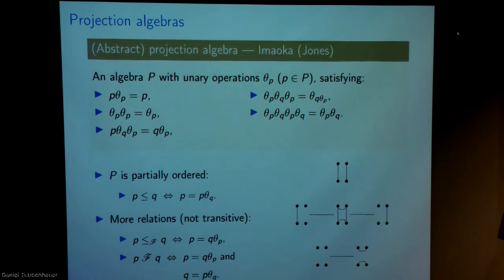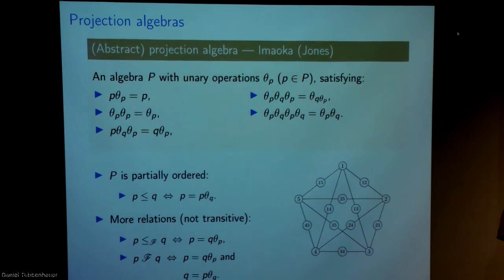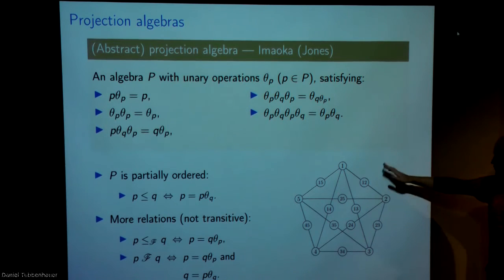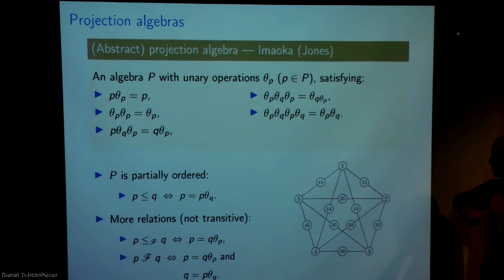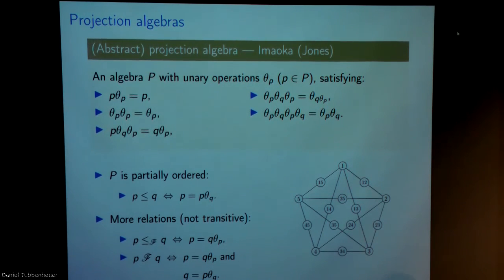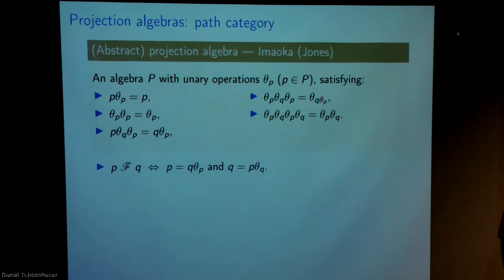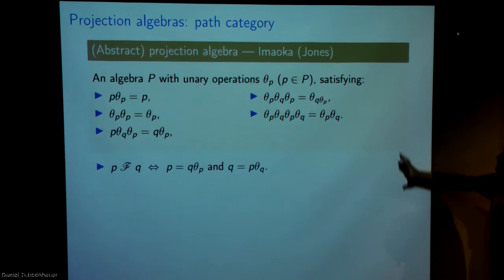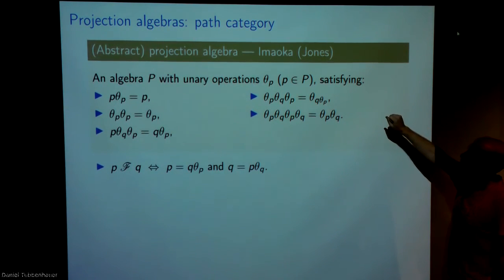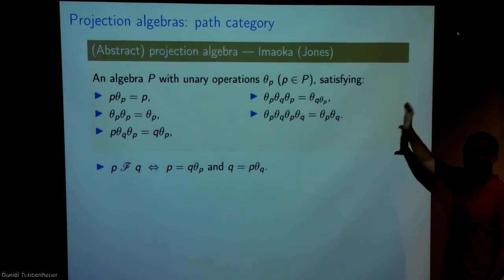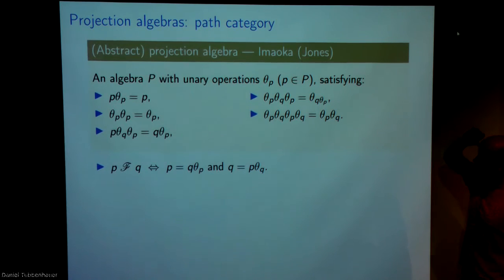Okay. And this is part of the picture for PE5, the partition monoid of degree 5. You get very nice symmetrical graphs of these things. All right, so given a projection algebra, we want to define a class of groupoids that have these as object sets. And the first ingredient is what we call the path category.